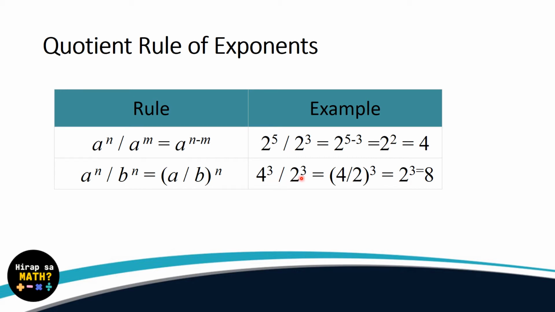Pareho ang exponent, pero magkaiba ang base. So, ang gagawin natin, i-operate muna yung base raised to the third power. So, 4 divided by 2, which is 2, and then raised to the third power is simply equal to 8. Madali lang, di ba? So, halos kapareho lang siya nung product rule of exponent.